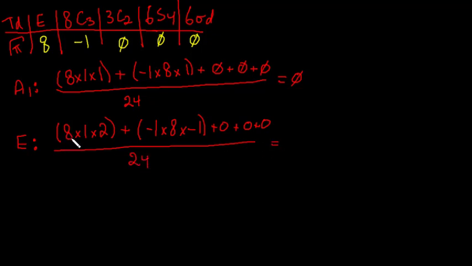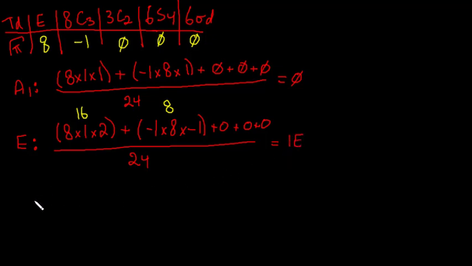So in this case we have 8 times 2, so that's 16, and then we have -8, so we have +8, so together it's 24 over 24, and we have 1 representation for E.